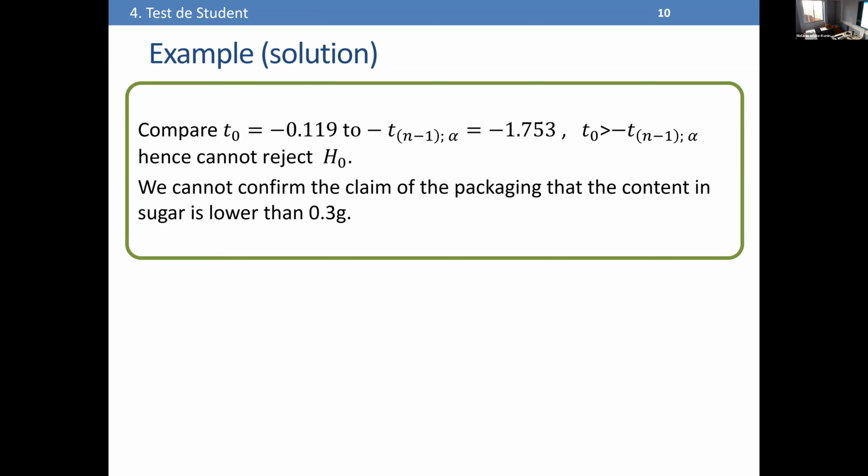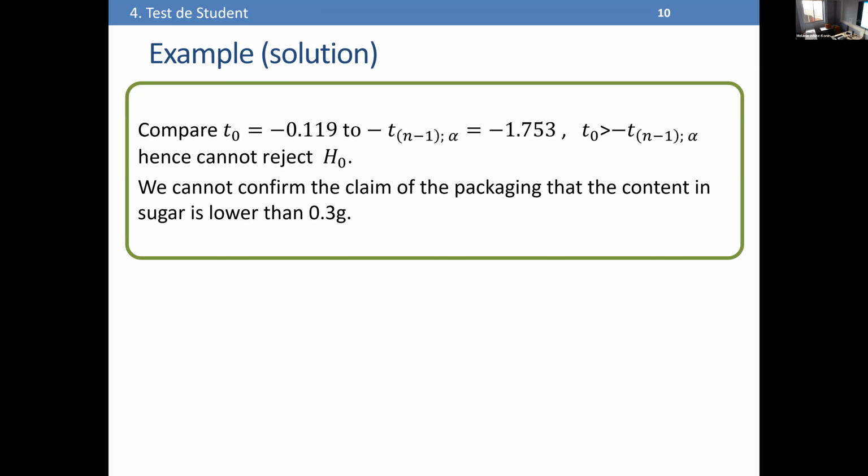And we found, okay, so this is the student distribution. And we found that the threshold that corresponds to alpha equals 5% is minus 1.73. And the value we found is here. So we are closer to the middle. So do we reject the null hypothesis when we're in the extreme values, okay? This is reject H0.